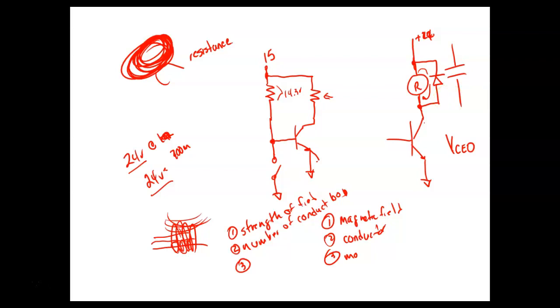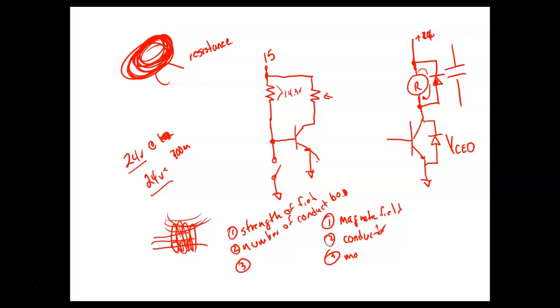The coil has a lot of DC resistance, so this is not going to hurt the diode. What would happen if I didn't have that diode? As soon as I turn that transistor off, we would pop it every time. Sometimes you'll actually see the diode down here. You can buy transistors with that counter EMF diode inside the package, which is good, and I'll show y'all some of those.